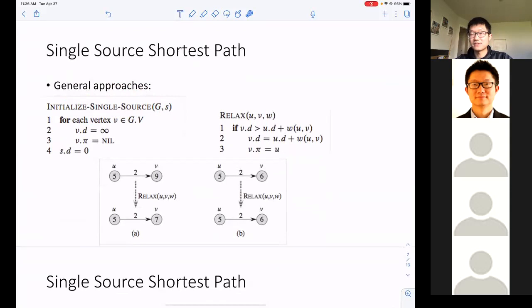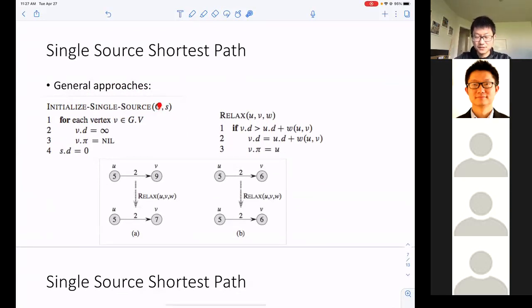So what does G represent? Guess what G represents. It's the graph.